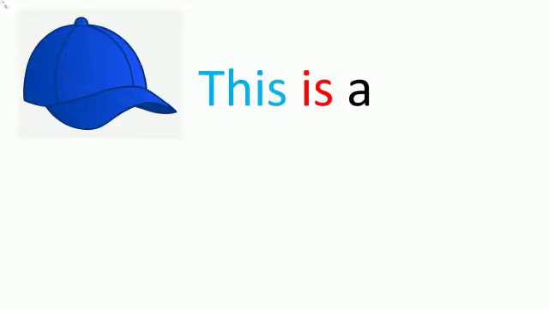When we have one object near to us, we start the sentence with the word this. And with the word this, we always use is. Now let us see what sentence can be formed with this picture. This is a cap.